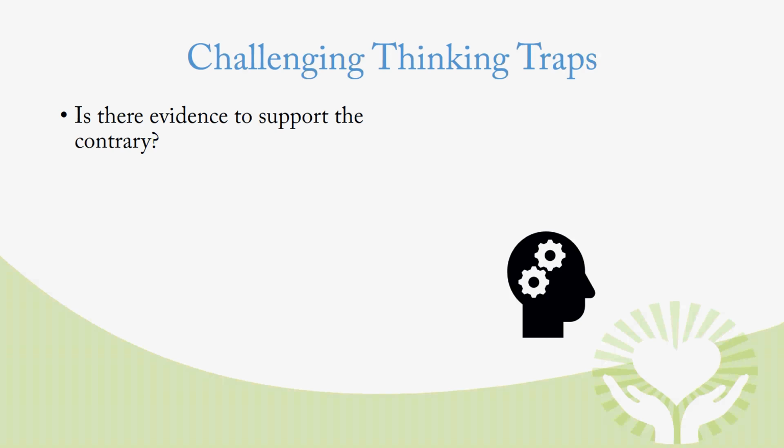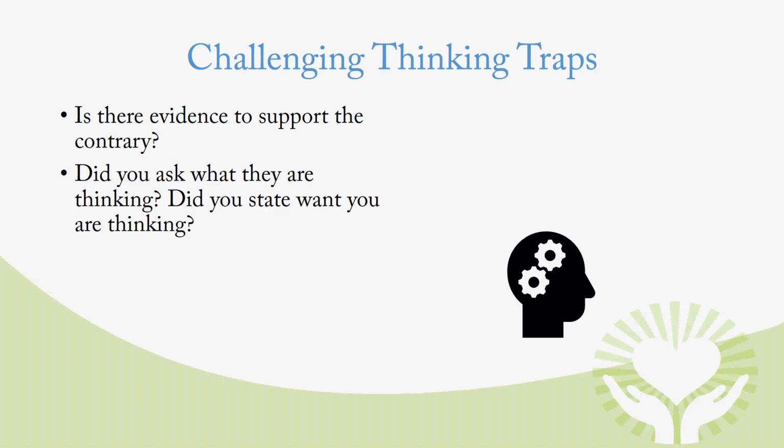Is there any evidence to suggest that they don't want to break up with me? Well, we just talked 20 minutes ago, and they said that they love me. Okay, well, that's some pretty strong evidence to support the contrary, right? So eventually, there will be enough evidence to support the contrary that the belief behind the thinking trap begins to disintegrate.